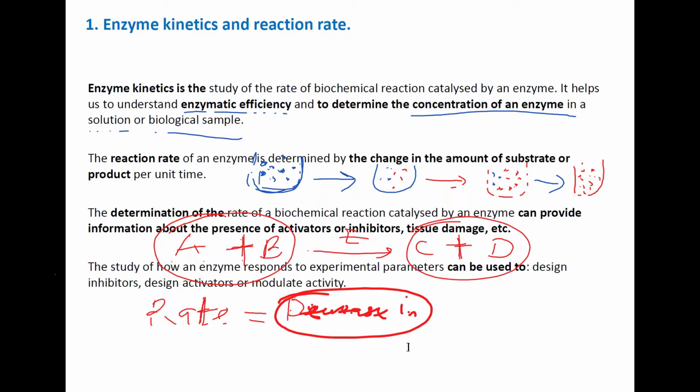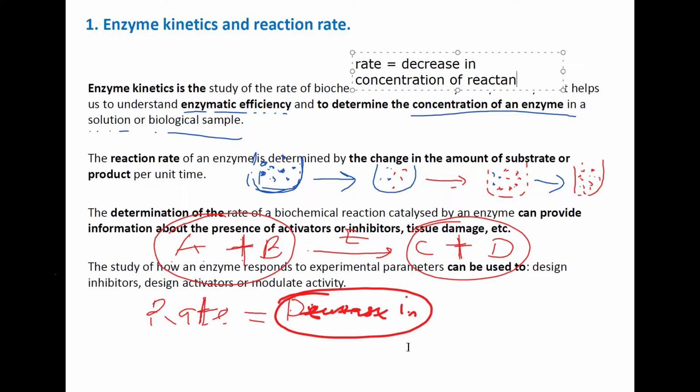I hope it is clear. Let me write it. To measure the rate of the reaction, it is equal to the decrease in concentration of reactant per unit time, divided by time.